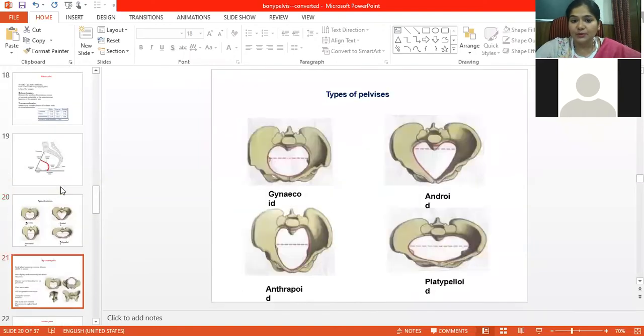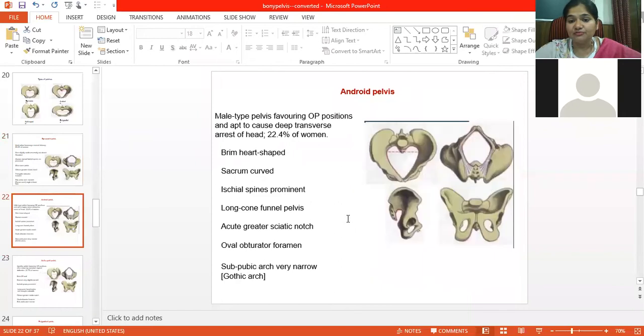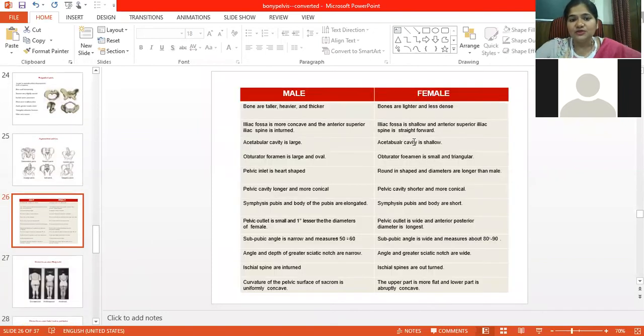Now coming to a few slides I wanted to show you. This is a typical gynecoid pelvis. There are different types of pelvis depending upon the shape at the different levels, right? These are all abnormalities of the pelvis, which are generally not asked in exams as such. This is the difference between the male and female pelvis.